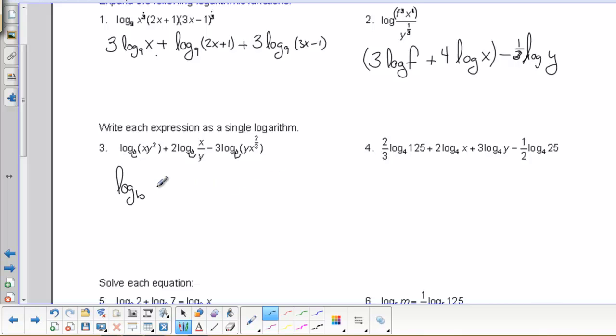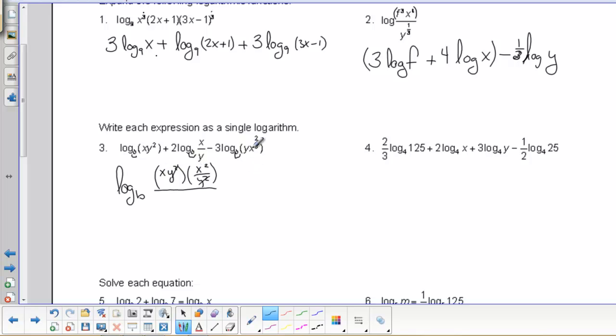The first thing I'm going to do is draw my fraction bar, and I'm going to go ahead and place all this into that fraction. So we've got x y squared times x squared divided by y squared. Okay? Now the reason I write it like this is because now I can cancel those two y squareds and combine these x's.